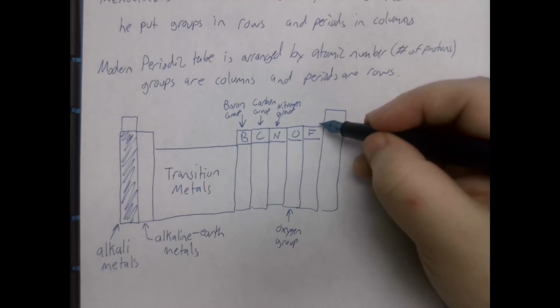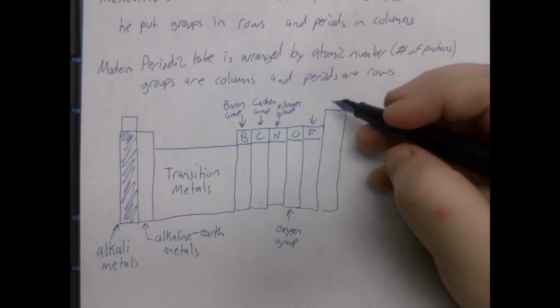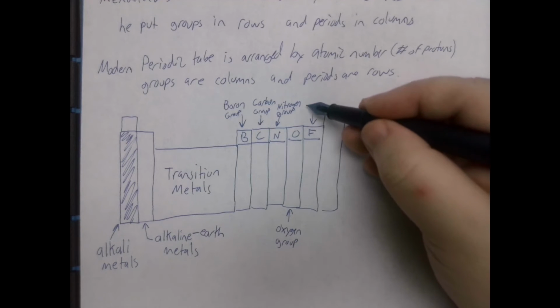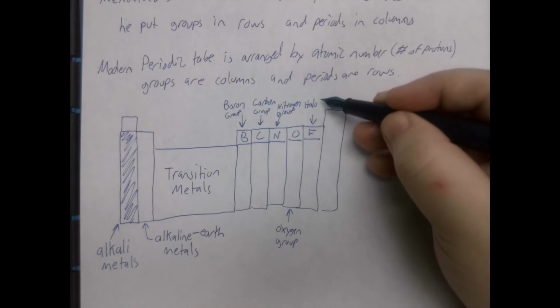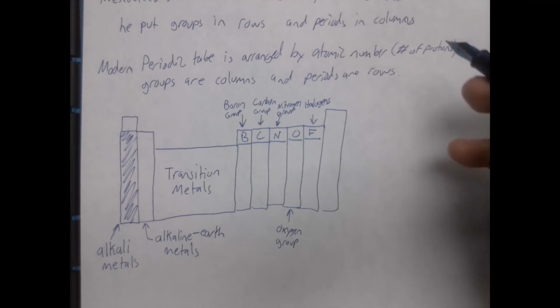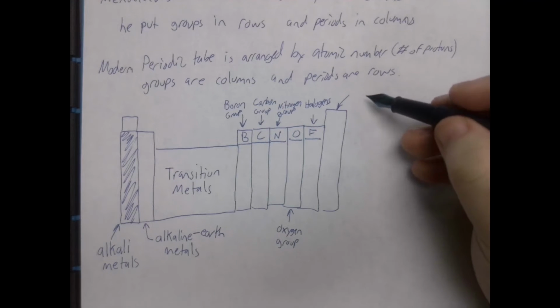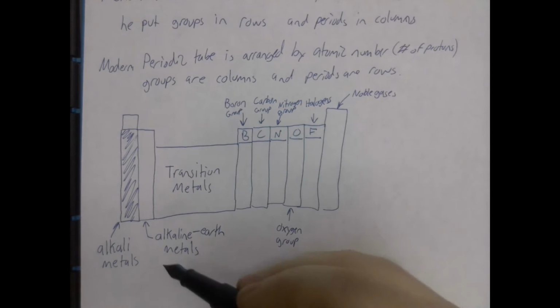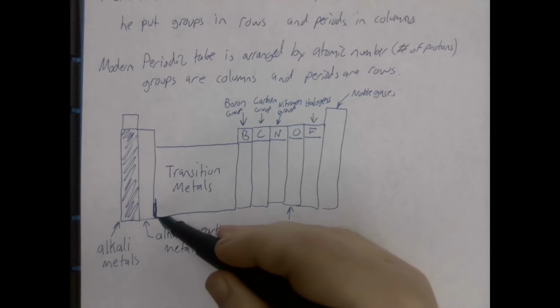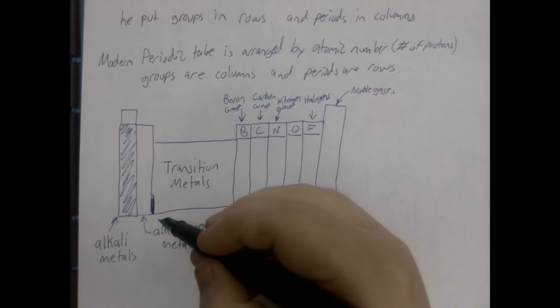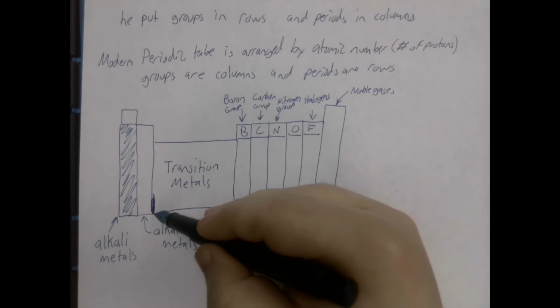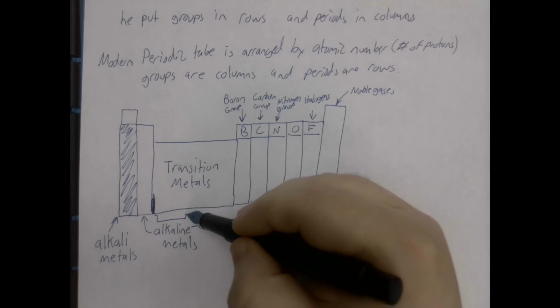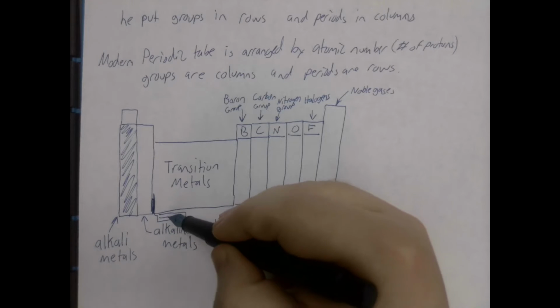Nope. What is this one called? Halogens. And then what's this one? Noble gases. And then these right here, I'll draw it super tiny.